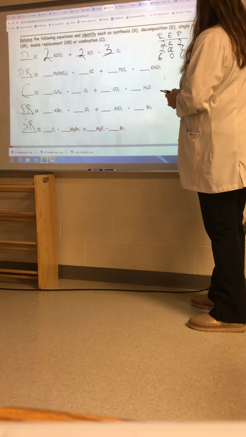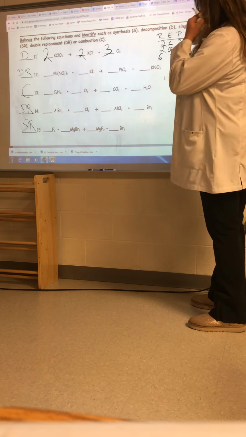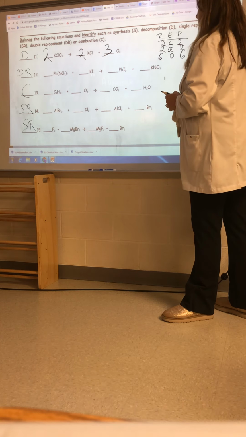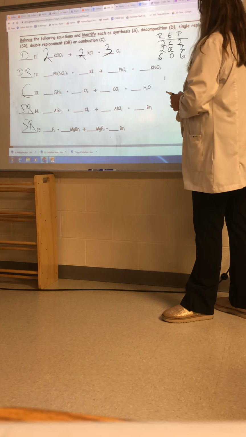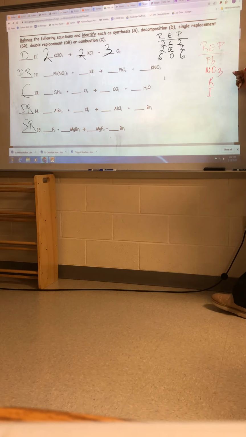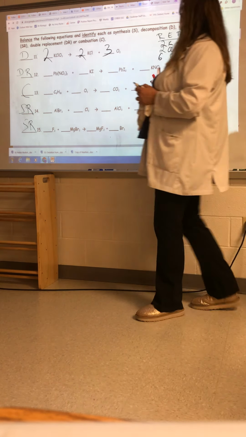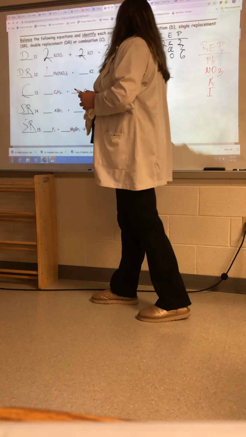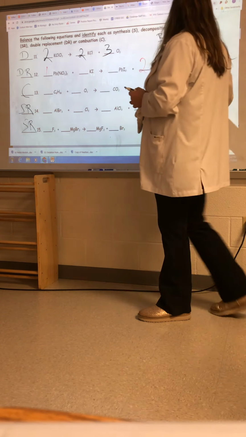Next one, and I won't have time to do everything in here, but I have lead, Pb, I have NO3, and I have potassium and iodine. I keep NO3 as 1 because it's kept together here and here. I have 2 NO3s here, so therefore I need to have 2 over here.